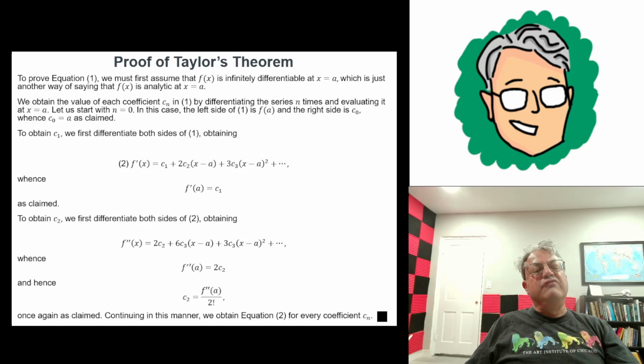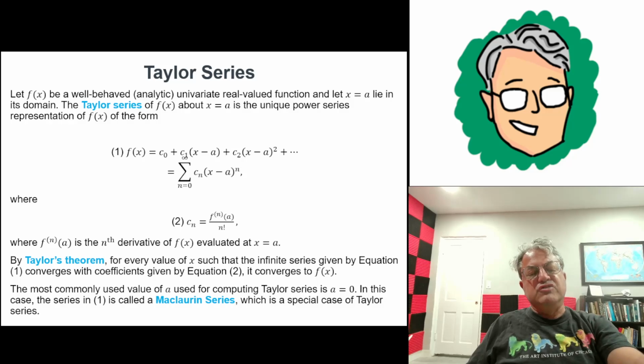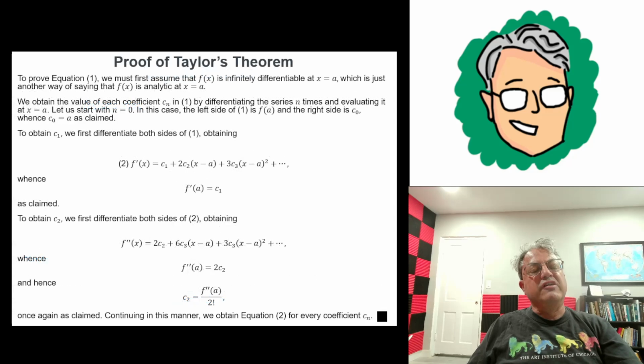So we conclude that f prime of a is c1. That is the second equation in 2. c1 is the derivative of f evaluated at x equals a divided by 1 factorial, but 1 factorial is 1. So we just get f prime of a in that case.